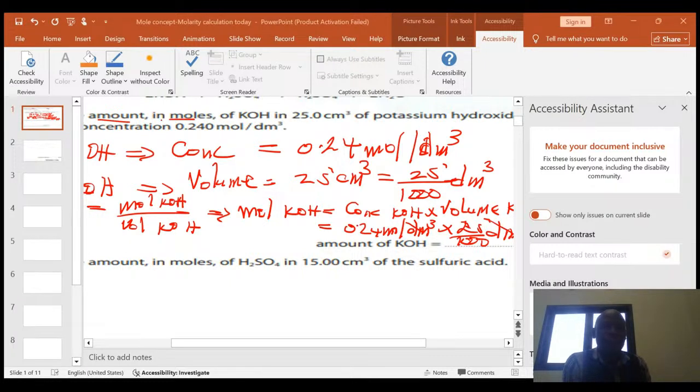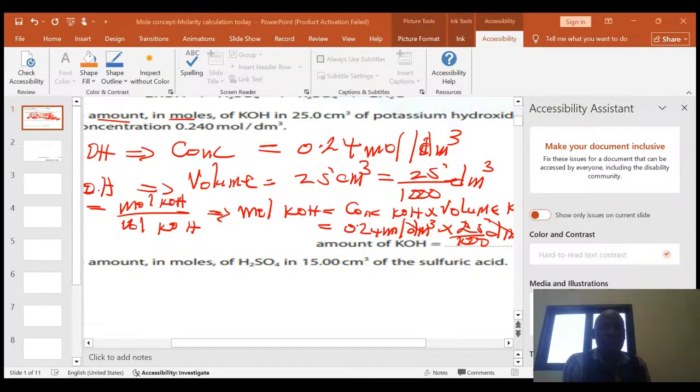So we can look at the mole ratio of potassium hydroxide and sulfuric acid. Since we want to calculate the number of moles of sulfuric acid, this is in the ratio 2 moles to 1 mole.